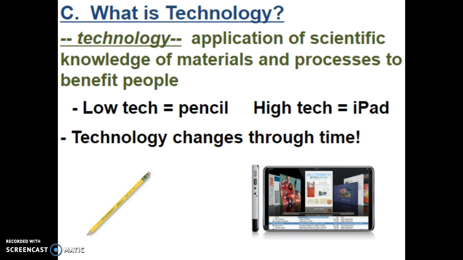There was a whole process into designing a pencil. Before pencils, ink pens had to be used. Before we had ink pens, there were different rather sharp instruments like feather quills and the like that were dipped in inkwells to use. So technology doesn't always have to be plugged in.